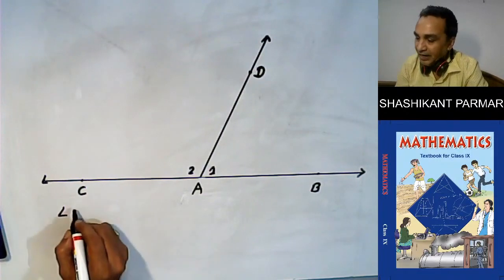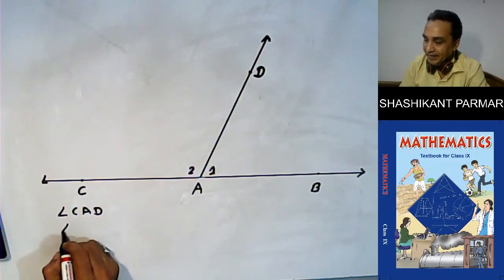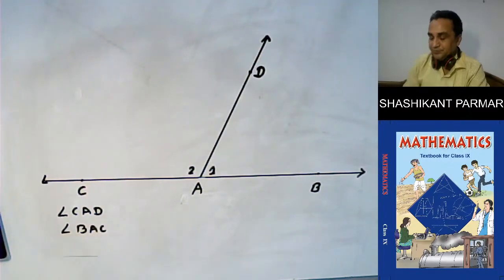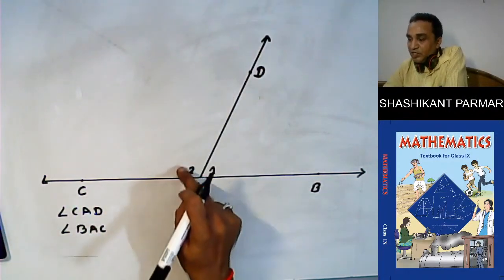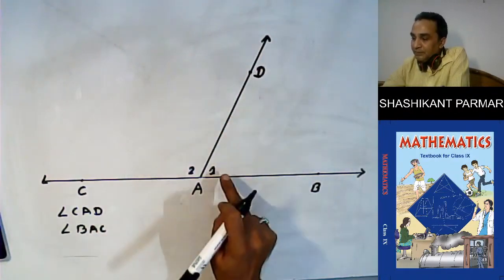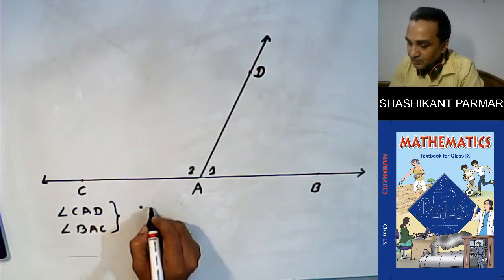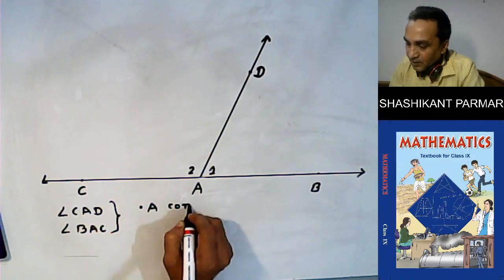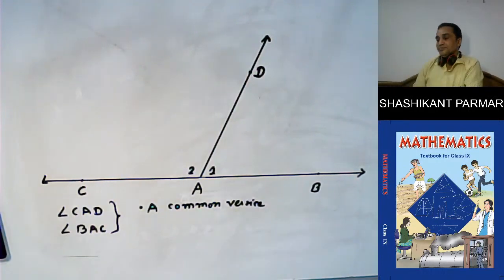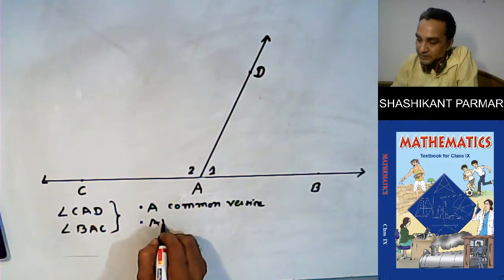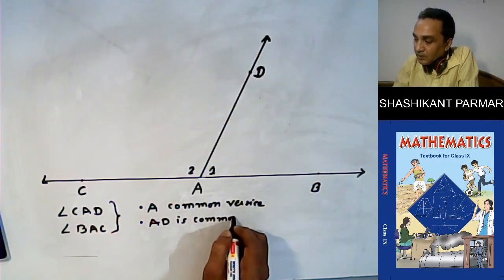Now angle CAD is number 2 and angle BAC is number 1. In these two angles, A is the common vertex. Second, AD is the common arm.